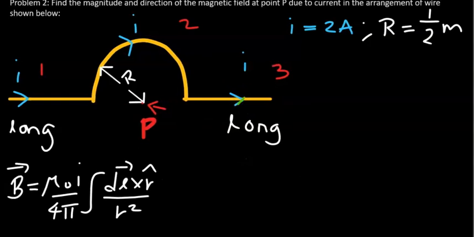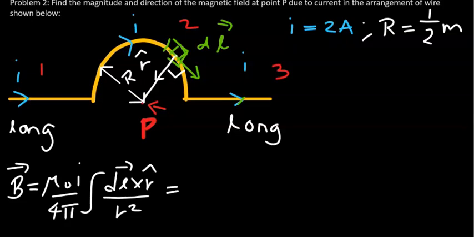Now segment 2. Let's assume an arbitrary length element vector is like that. So that is your vector dl. The direction of it is tangential to that point, and it makes an angle of course 90 degrees with respect to vector r hat. So that's 90 degrees right there. So the expression for the magnetic field due to segment 2 at point P will be mu naught I over 4 pi.